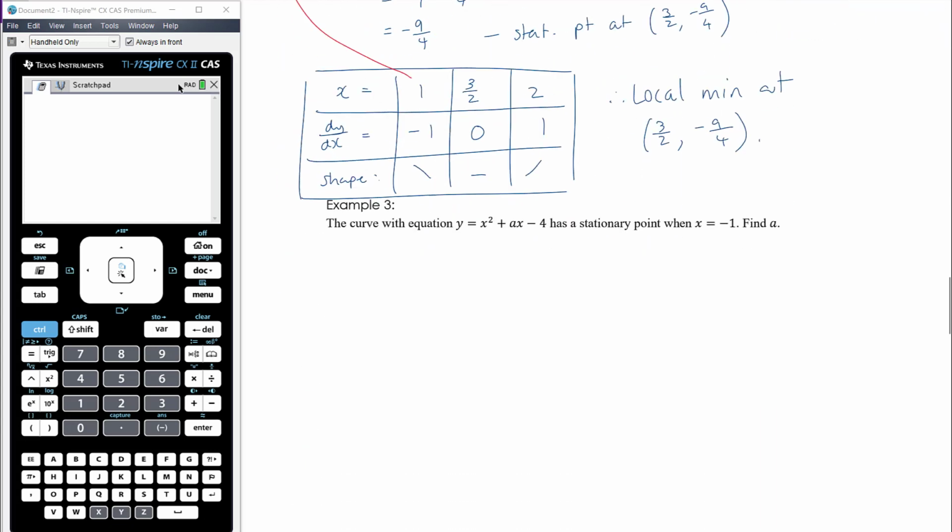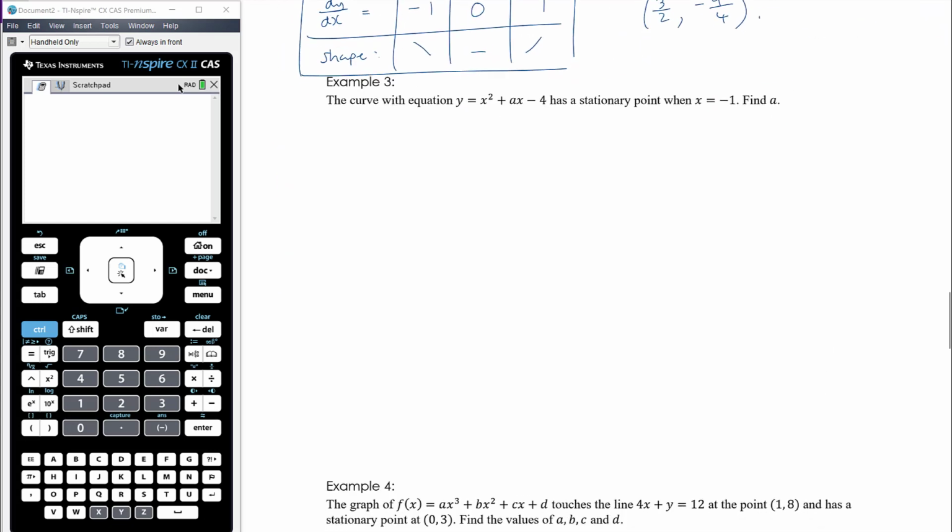Okay, example 3. The curve with equation y equals x squared plus ax minus 4 has a stationary point when x equals negative 1. Find a. So it tells us we have a stationary point, which means dy/dx equals 0 when x is negative 1.